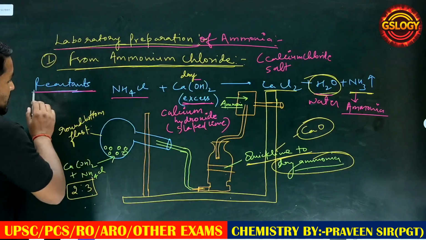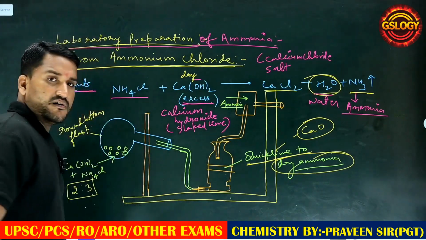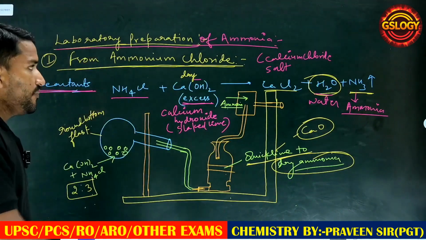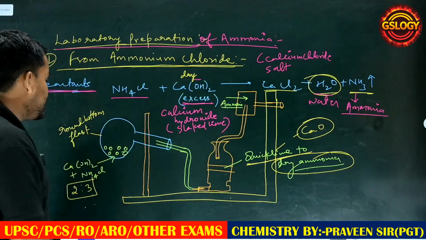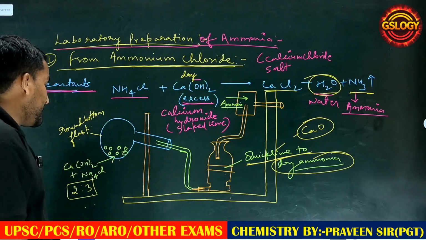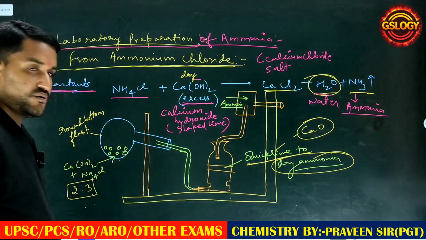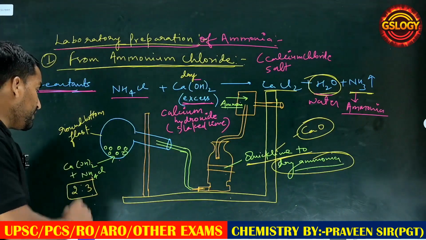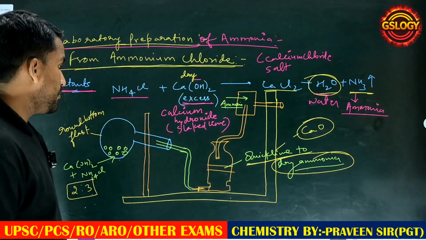Now the arrangement of apparatus for the laboratory preparation of ammonia. It is a round bottom flask, and in the round bottom flask I have taken calcium hydroxide and ammonium chloride in a ratio of 2 to 3.